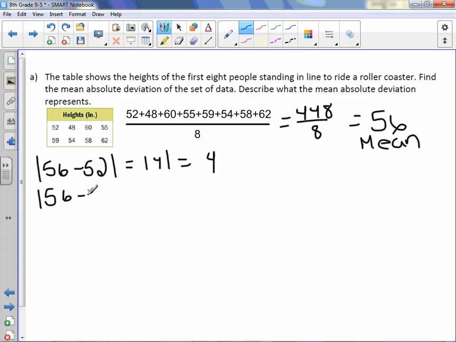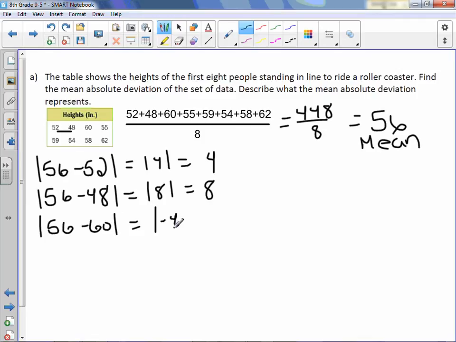56 minus 48, and I'm just going in order here. So 56 minus 48 is 8. The absolute value of 8 is 8. 56 minus 60. Well, 56 minus 60 is negative 4.